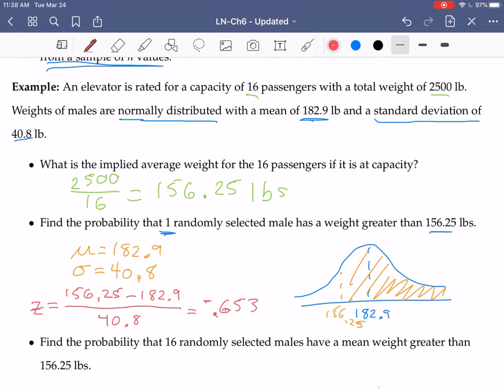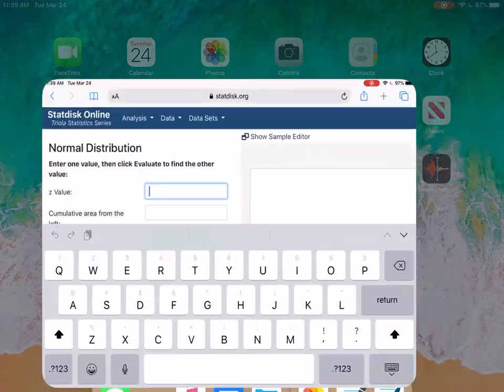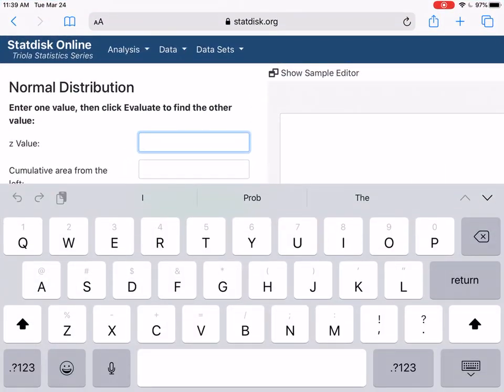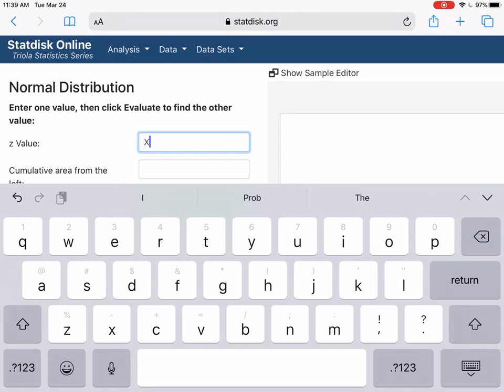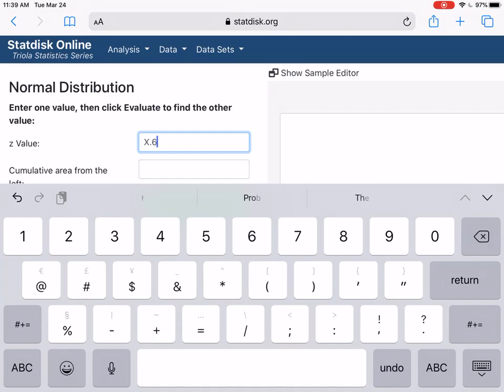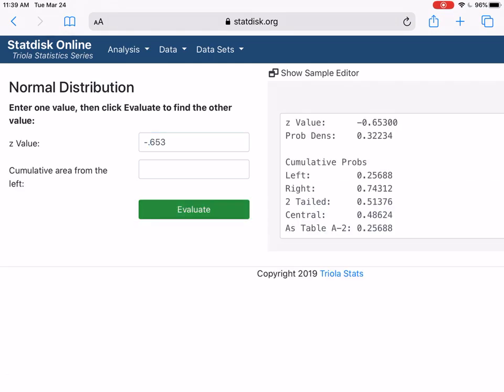Now that's not our answer, that's just the z-score, and that's what we're going to plug into StatDisk that we looked at on that previous page. So we're going to plug in a z-value of negative 0.653, and let's go ahead and evaluate that.